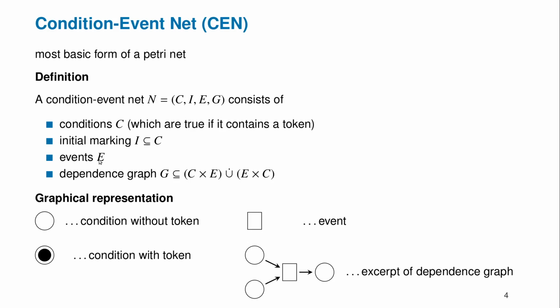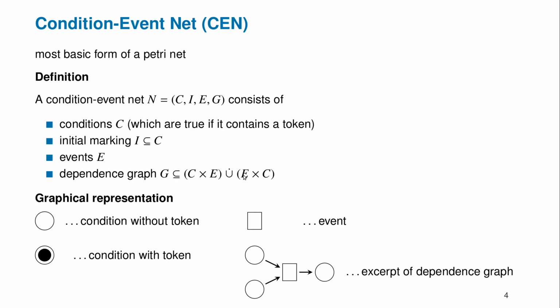Then we have a set of events E, and in order to connect events and conditions, we have a dependence graph, which is built from edges from conditions to events, together with edges from events to conditions.